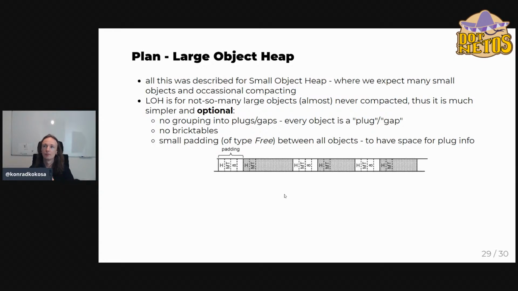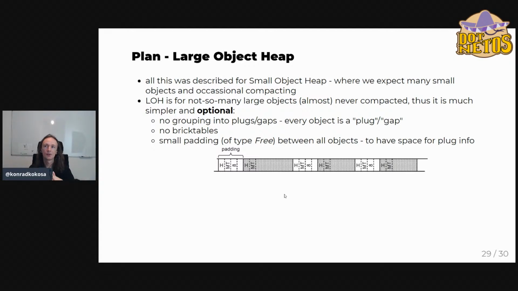One consequence of doing that is it is still using the managed heap for storing this plug info. So we have small padding between all objects to have a place for storing this plug info.